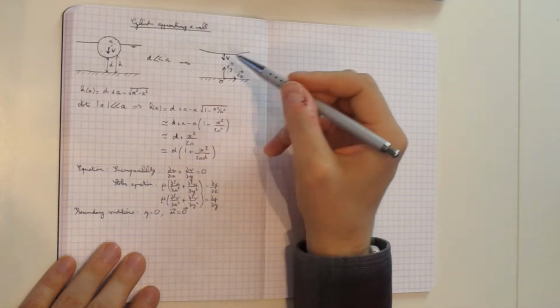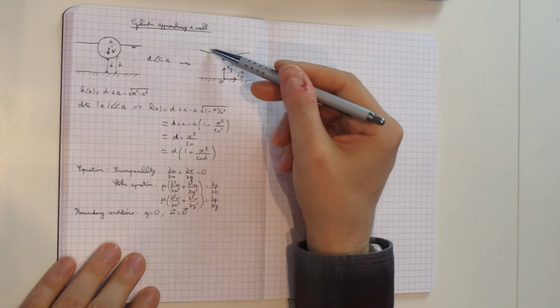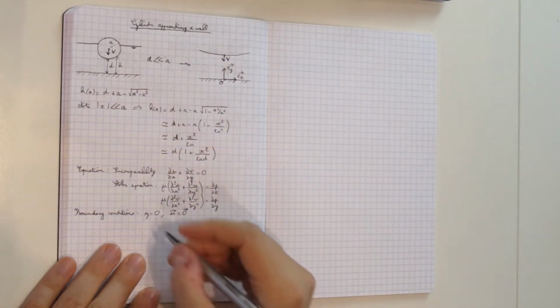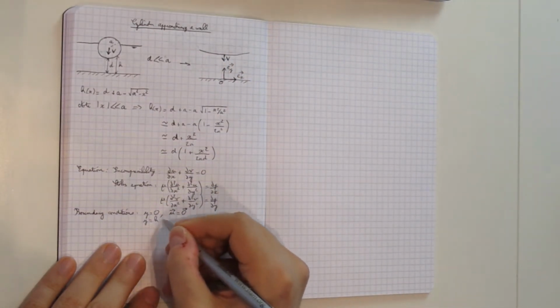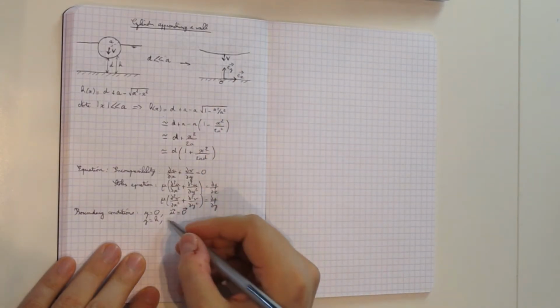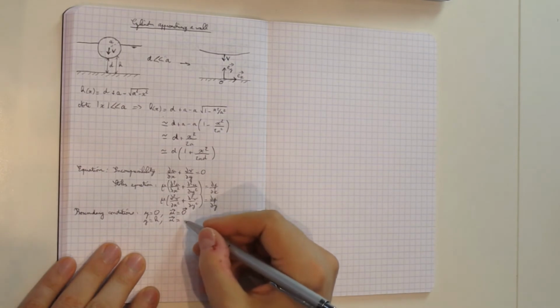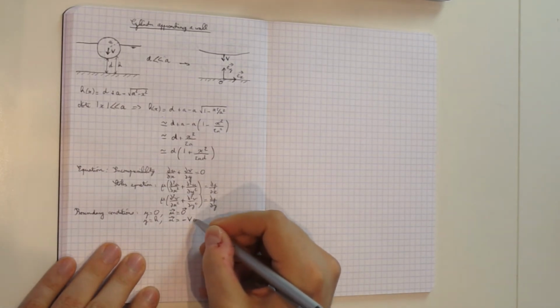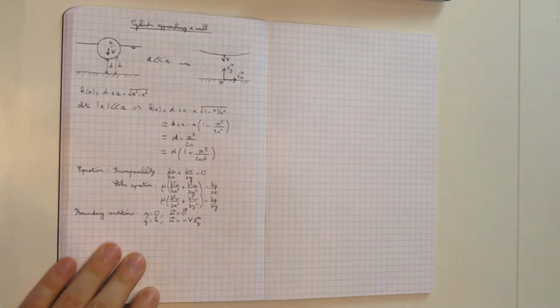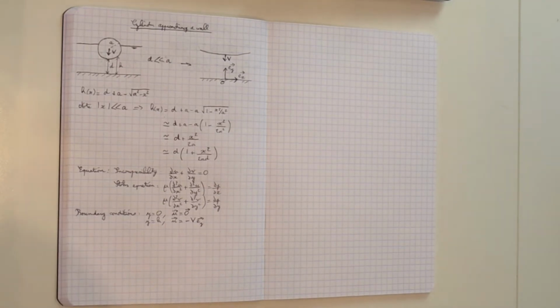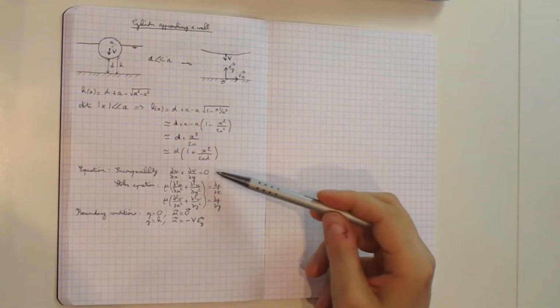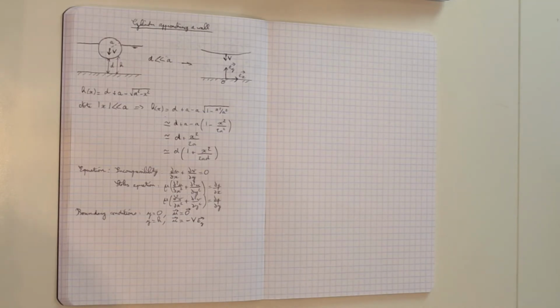And when I'm looking at y equals h, at the boundary with the cylinder, I must find that the velocity of the fluid, through this no-slip boundary condition, has to match the velocity of the boundary, that is to say minus v ey. And that's the set of boundary conditions and equations that I've got to solve here to know what the flow around this cylinder approaching a wall looks like.